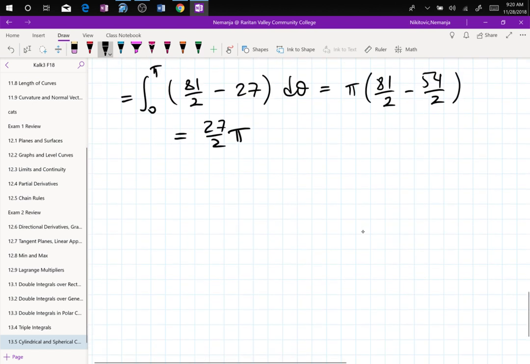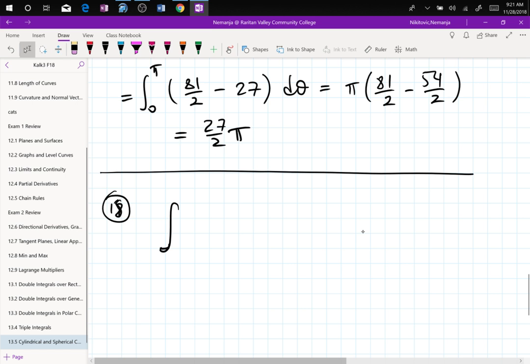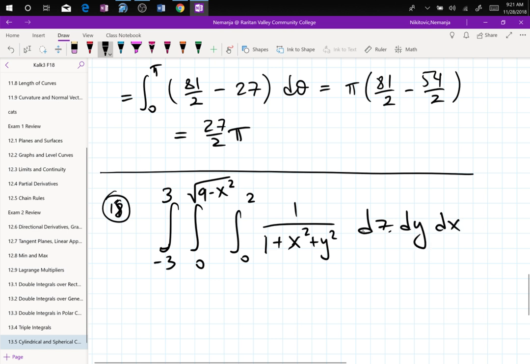So let's say this is problem 18. You have the integral from negative 3 to 3, integral 0 to square root of 9 minus x squared, integral 0 to 2 of 1 over 1 plus x squared plus y squared, dz, dy, dx.